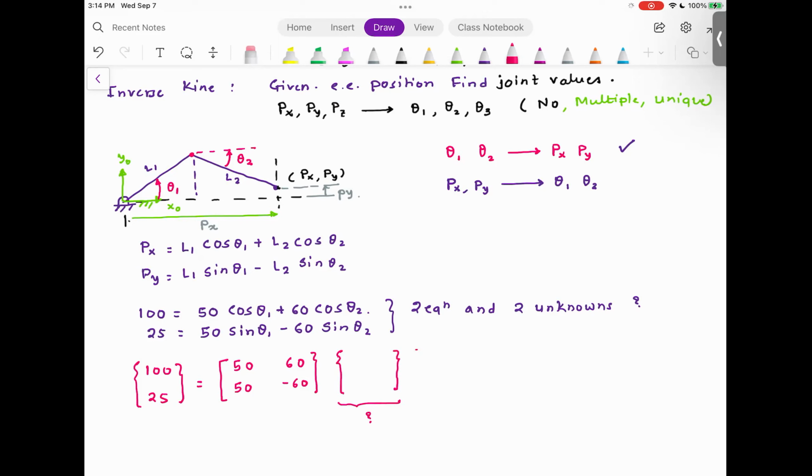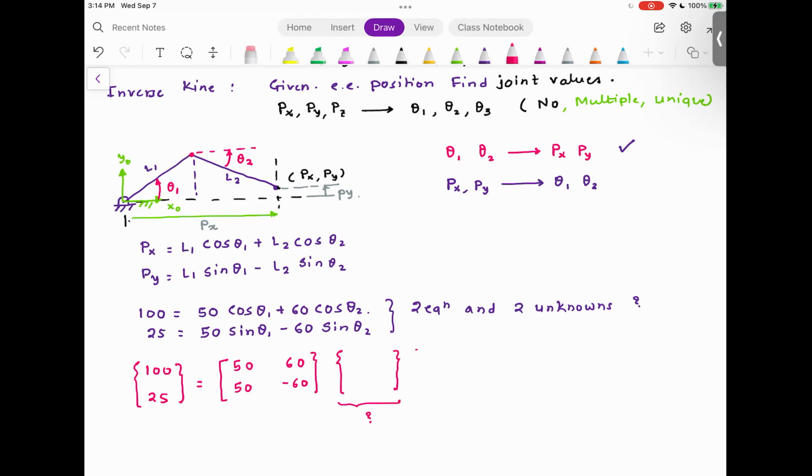So I would convert using the half angle formulae. I would convert cosine theta 1 into its tangent component, so it will be like tan of theta 1 by 2, something like that. I would convert sine again into tan of theta 1 by 2.